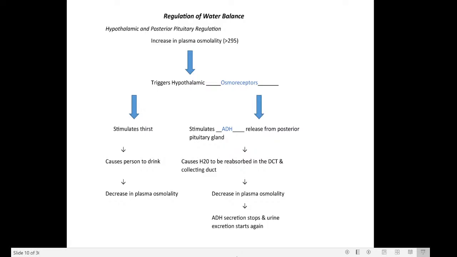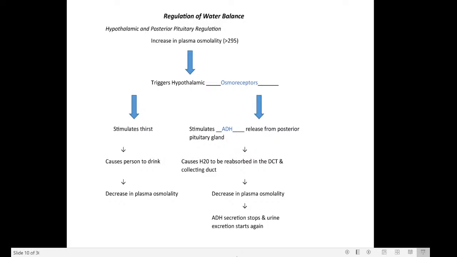Due to osmoreceptor activation, the osmoreceptors pass signals, and those signals stimulate thirst. After thirst is stimulated, it causes the person to drink. That feeling, the dehydrated feeling from the osmoreceptors, makes the person drink, and that decreases the plasma osmolarity.